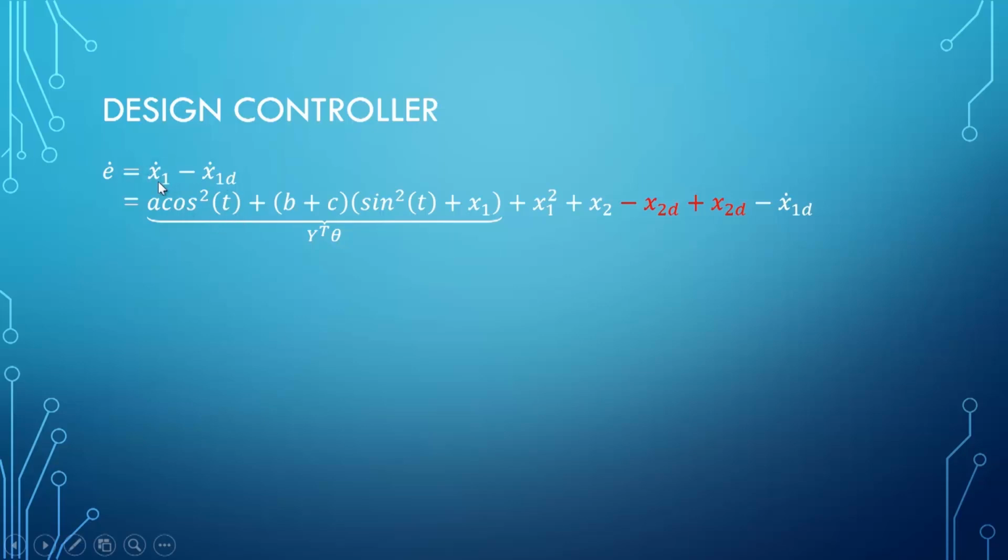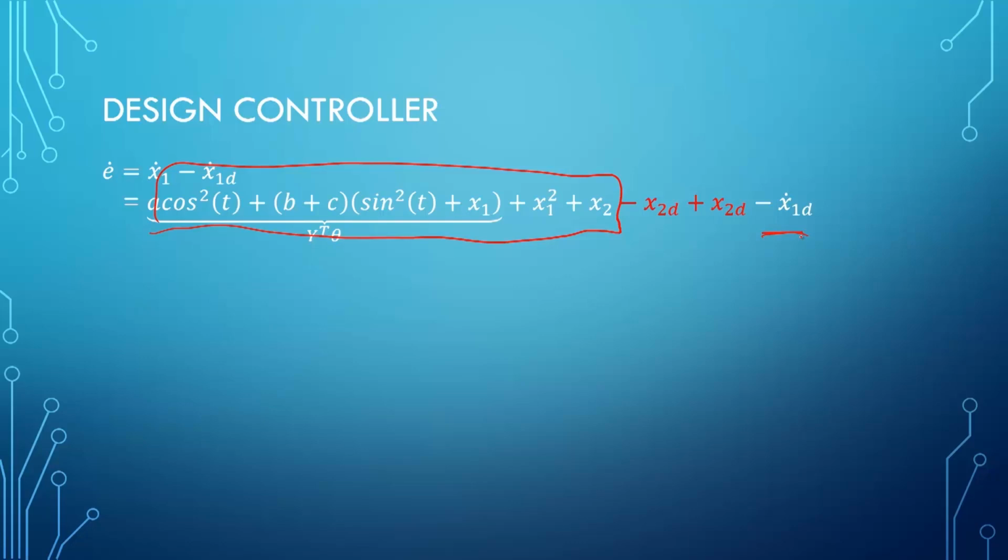So you substitute the x1 dot dynamics, which is from here to here. All this is x1 dot, minus x1d dot, and x2d is the virtual control input.